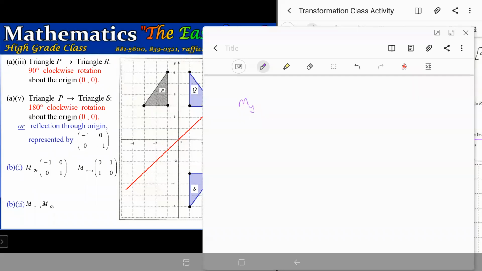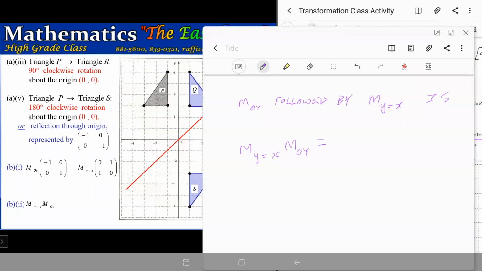So it is MOY, OY means y-axis, MOY followed by M y equals x, that means reflection in the line y equals x, is M y equals x times MOY.